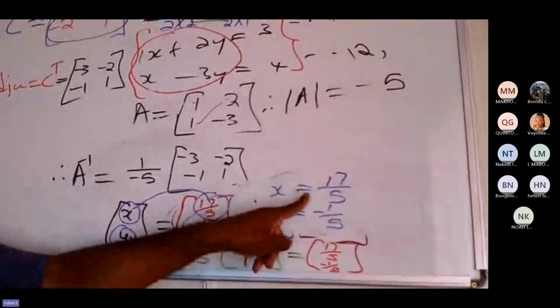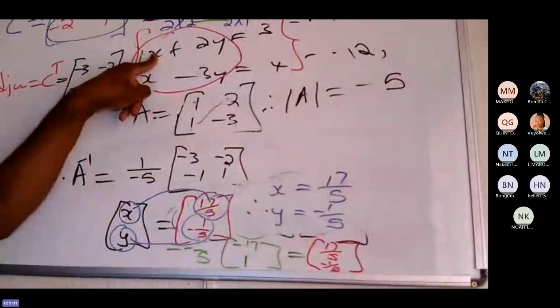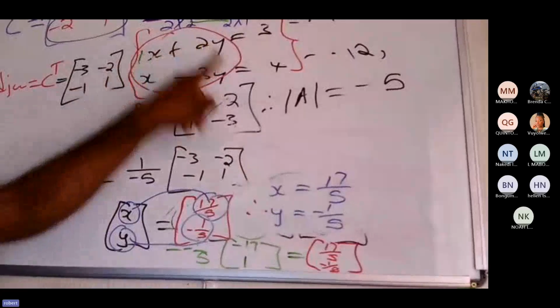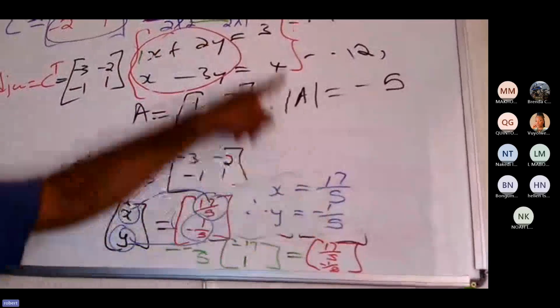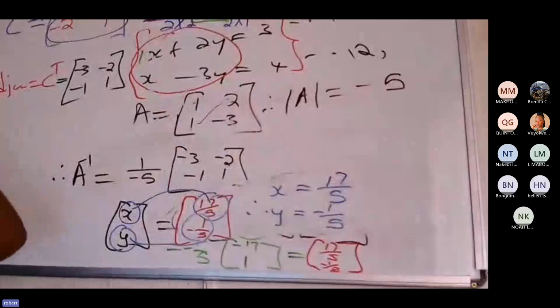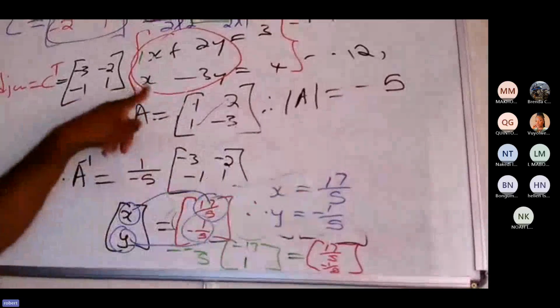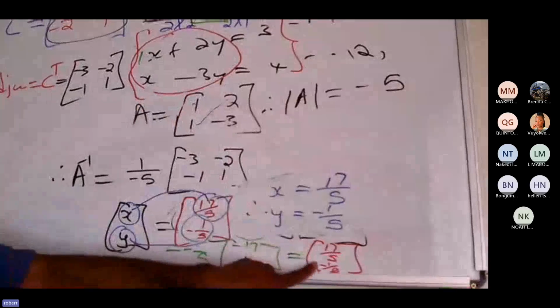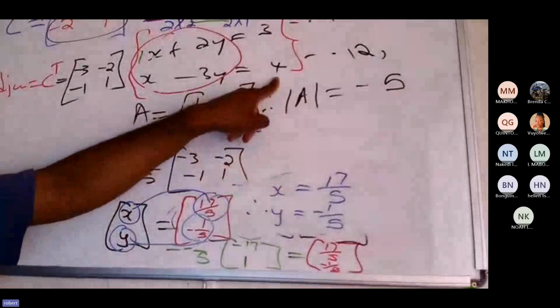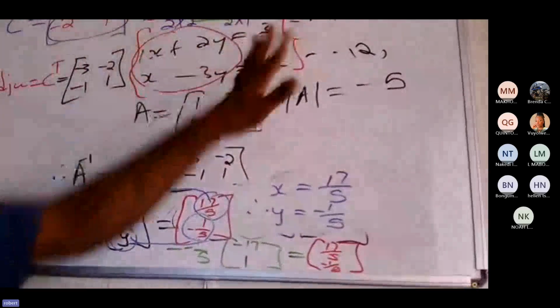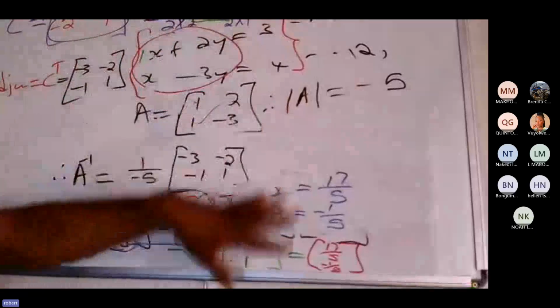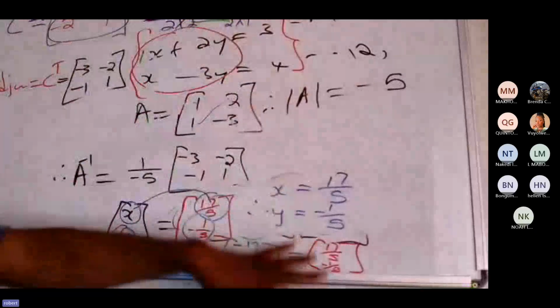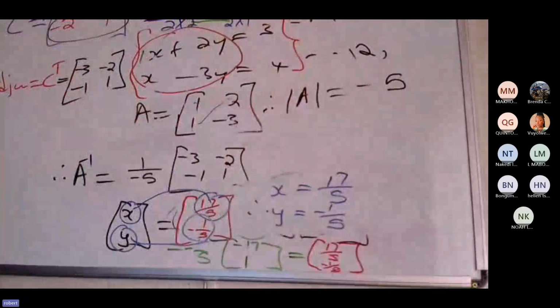The same story with the second equation: replacing x by 17 over 5 and y by minus 1 over 5, the answer must be 4. If the answer is not 4, then you know something went wrong, and you go back and check.